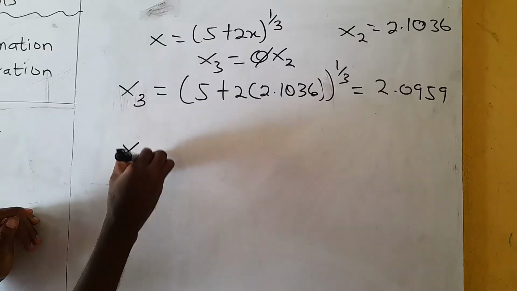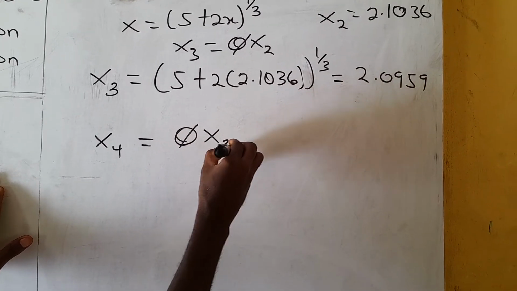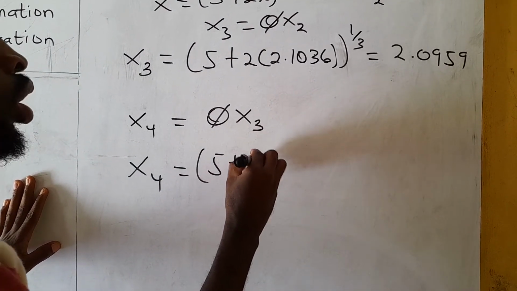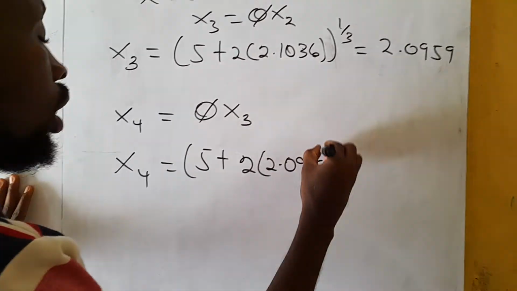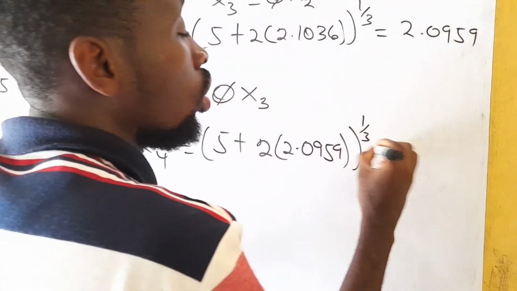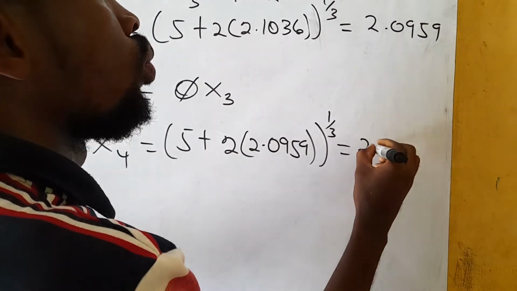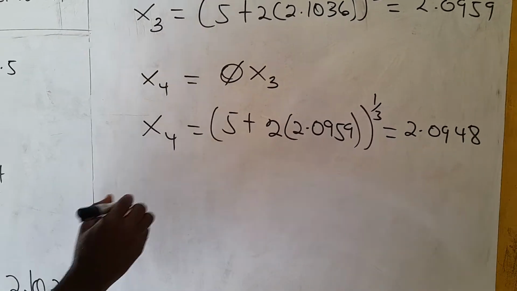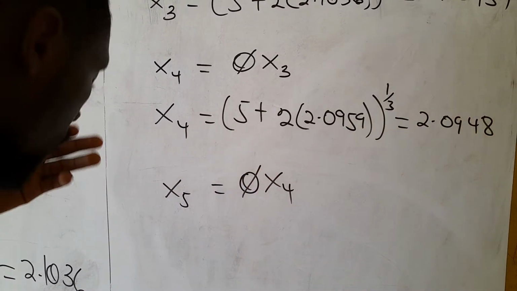We find x4. x4 will be the substitution of x3 in place of x. Our x4 will be equal to (5 plus 2 times 2.0959) exponent 1/3. So that will give us 2.0948.